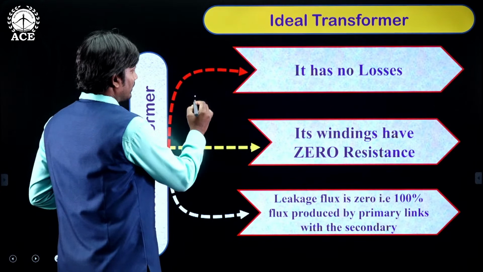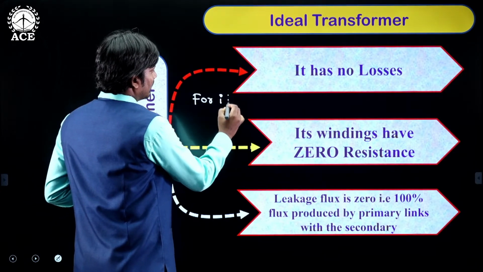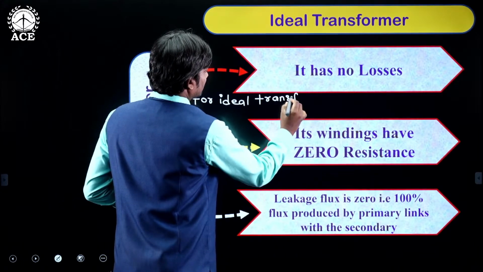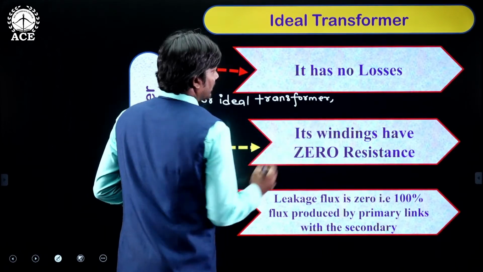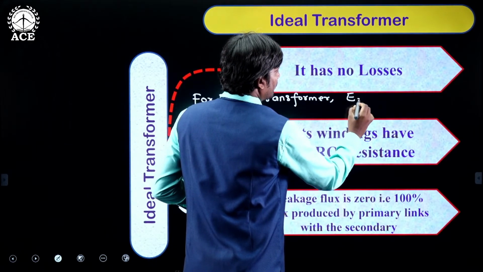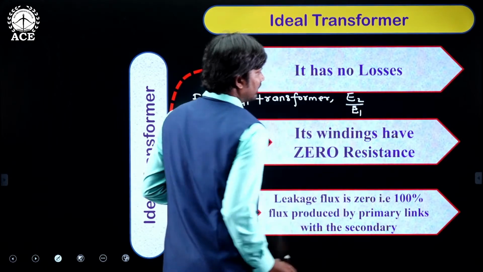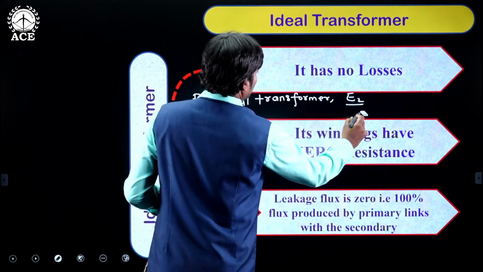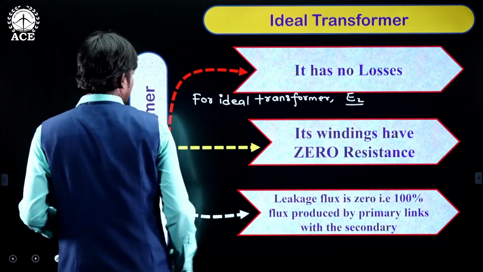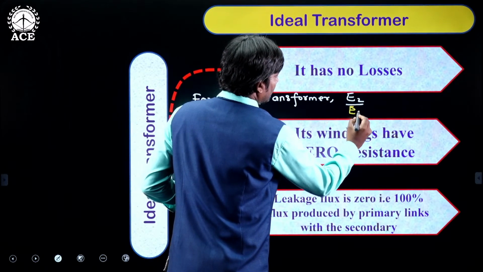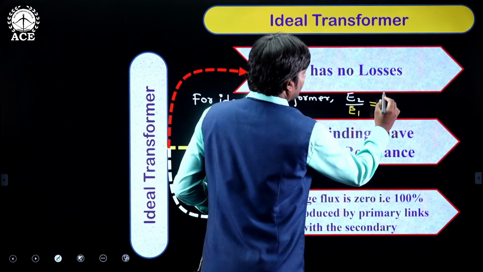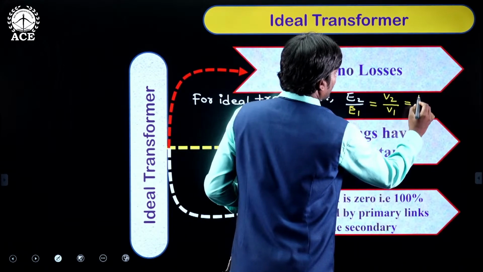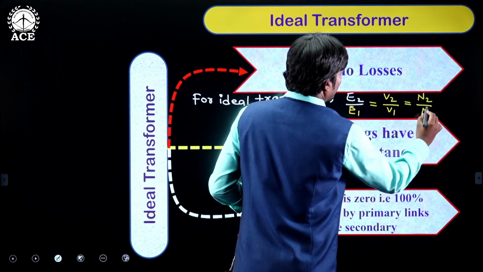Therefore, for an ideal transformer, E2 by E1 is equal to V2 by V1 is equal to N2 by N1.